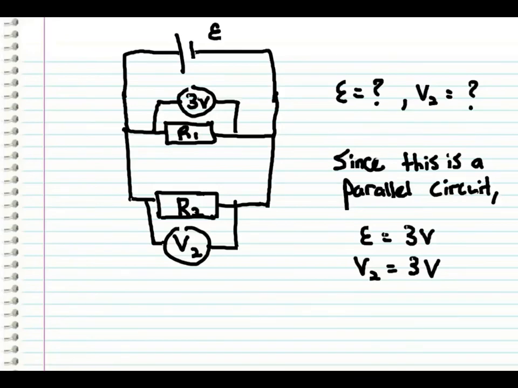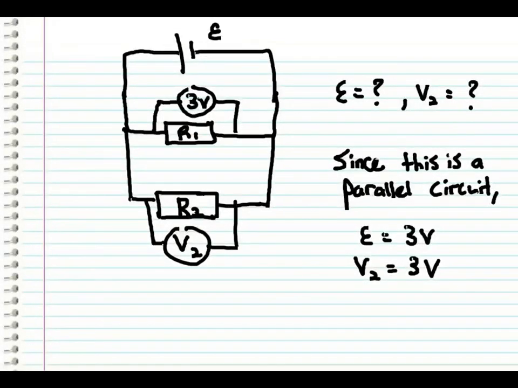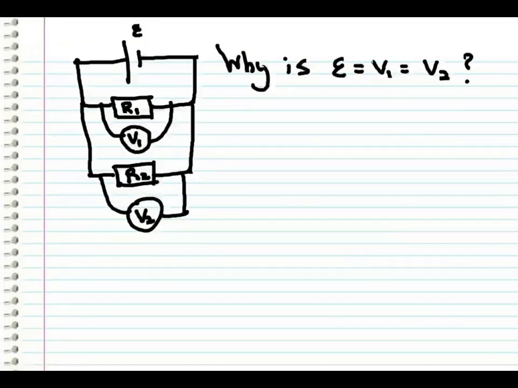We do not know the EMF of the battery, and we do not know the potential difference of R2, but we do know that the potential difference of R1 is 3 volts. So what is E and V2? The answer is, since this is a parallel circuit, both the EMF and V2 must both be 3 volts.